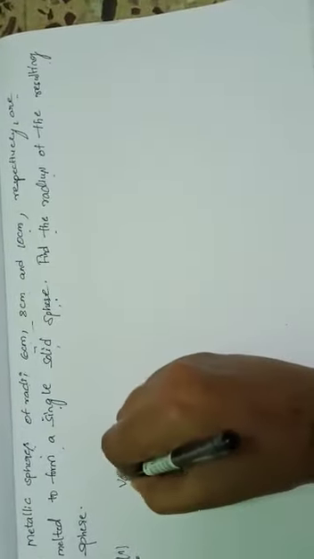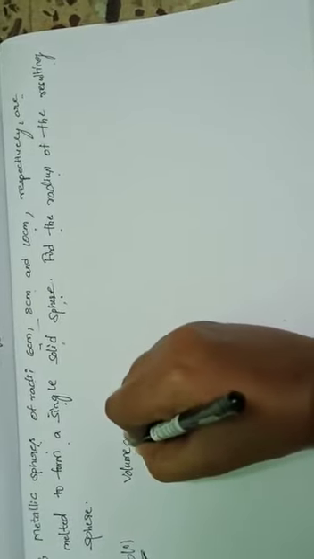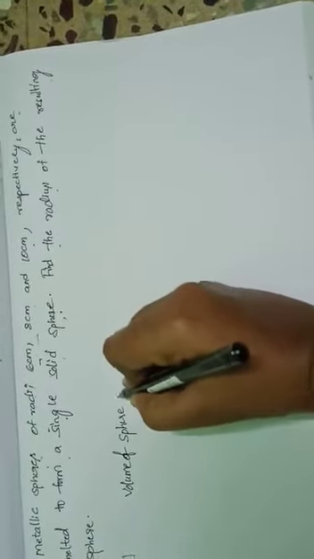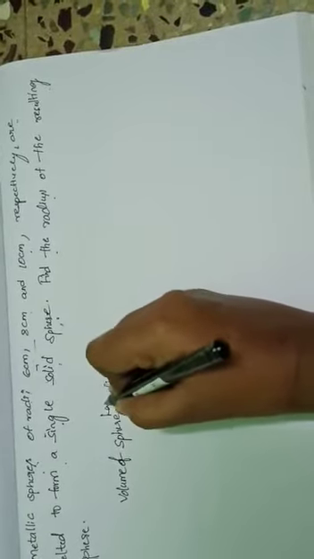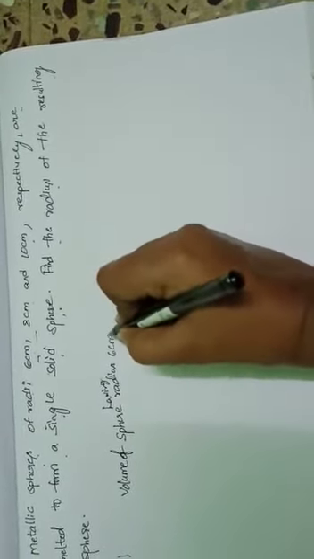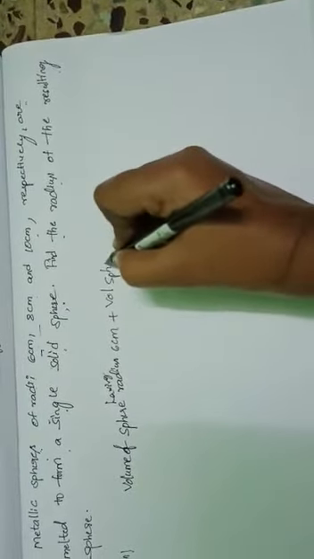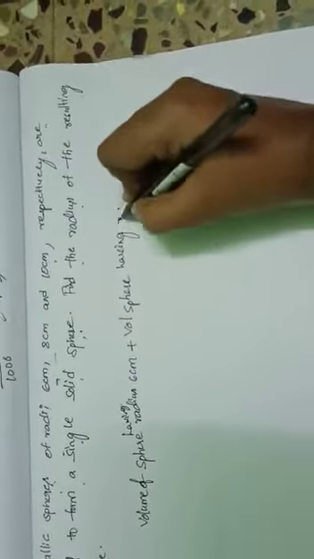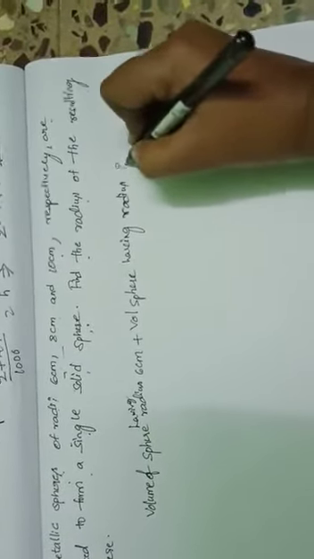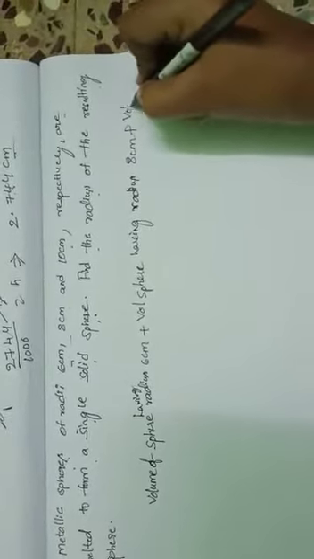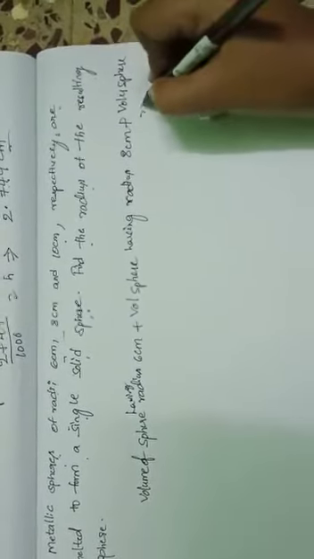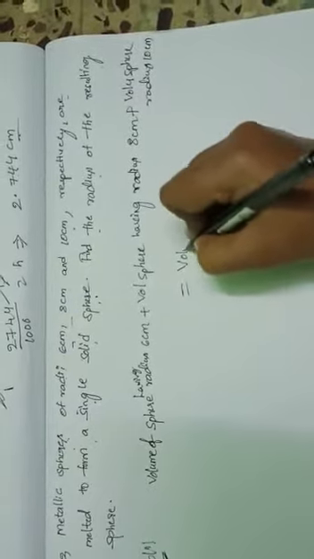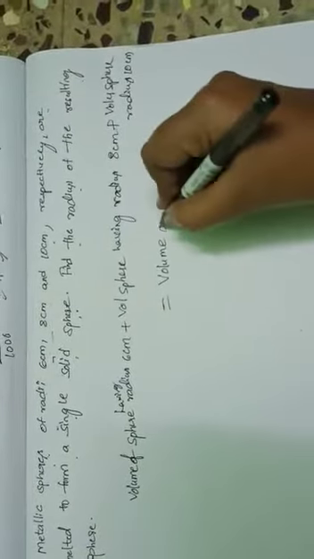It means volume of sphere having radius 6 centimeters plus volume of sphere having radius 8 centimeters plus volume of sphere having radius 10 centimeters equals volume of the resulting sphere.